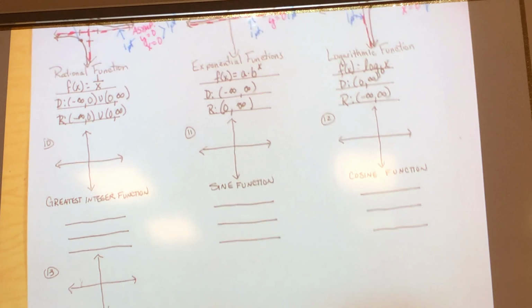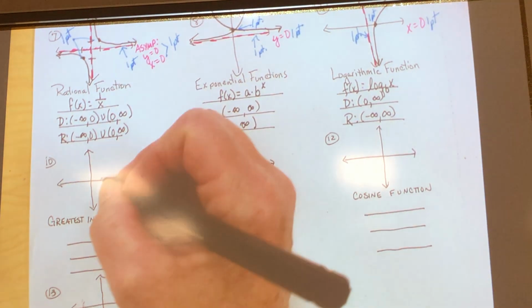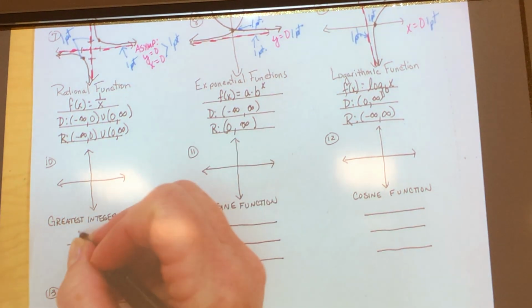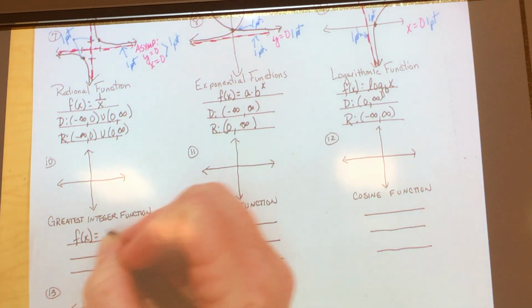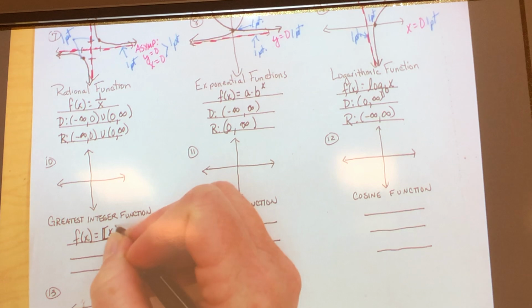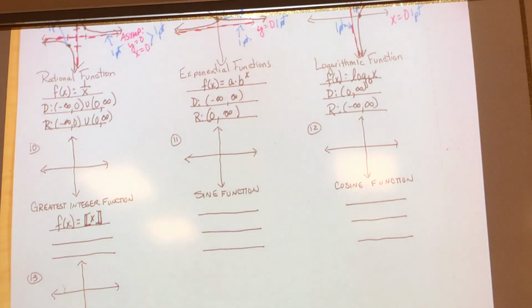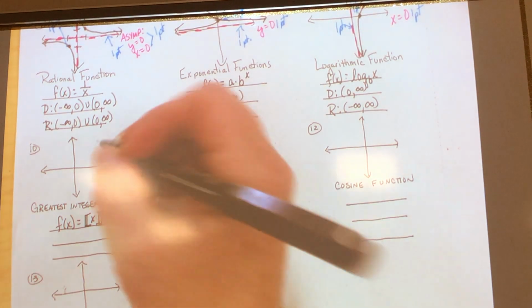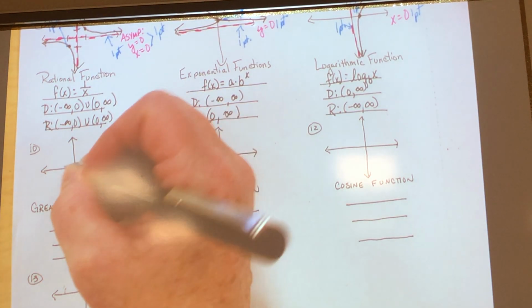On this next one, I am gonna make you drop the greatest integer function. F of x is equal to a double barred bracket, okay? The greatest integer not greater than x, that's what that means. I'm gonna make you make some tick marks here.